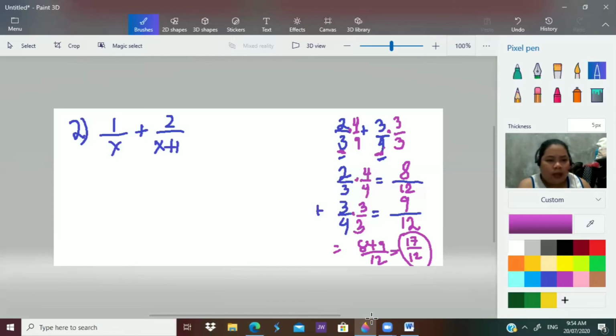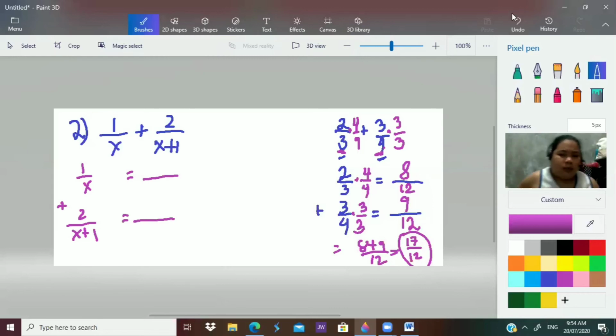So ngayon, pwede nating i-apply ito dito. I-apply natin ngayon sa context na yan. So dito, meron akong 1 over x plus 2 over x plus 1. Okay. Ngayon, para hindi na kayo maghahanap ng LCM kasi very crucial talaga sa bata yung paghahanap ng LCM ng algebra.